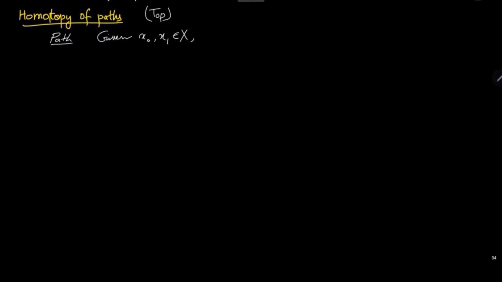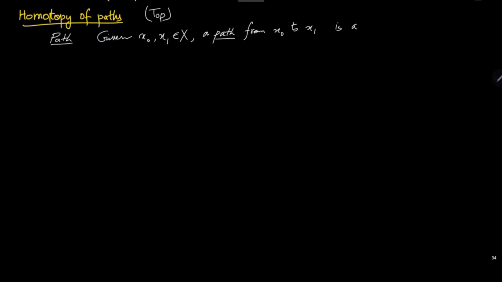Given 2 points x0 and x1, a path from x0 to x1 is a, what is it? A path is a continuous map. I will try my best to actually avoid the word continuous.